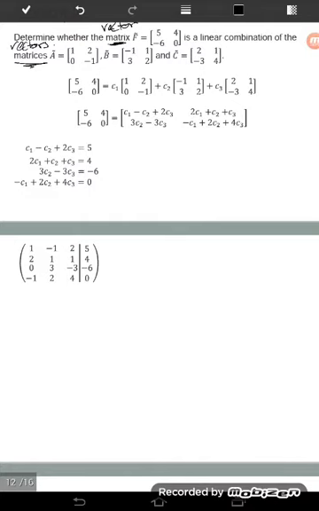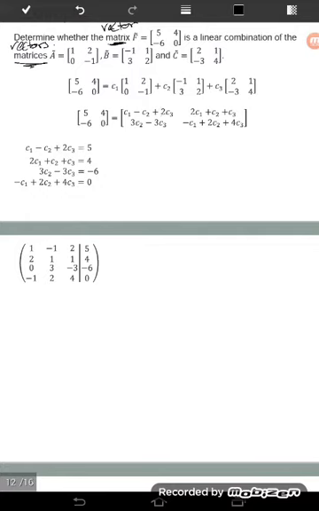Okay, so to determine whether this F is a linear combination of A, B, C, we write F equal to C1 times A plus C2 times B plus C3 times C. Then we expand C1, C2, and C3, and collect. So here's C1 plus negative C2, plus 2C3.